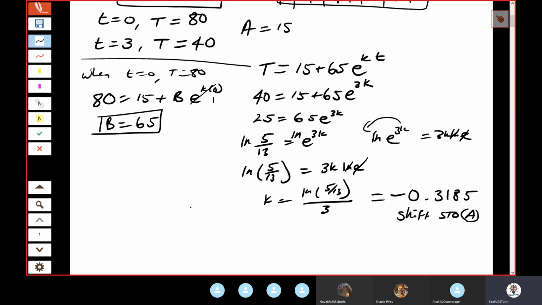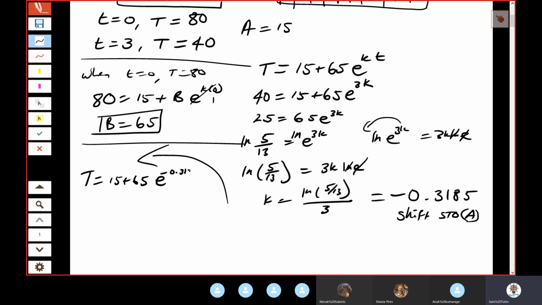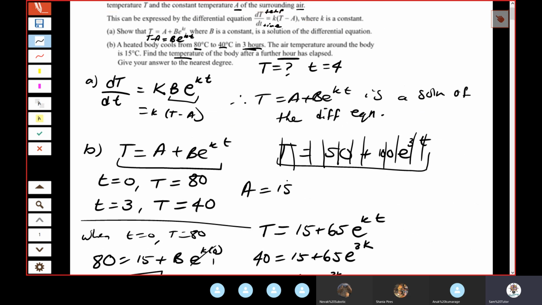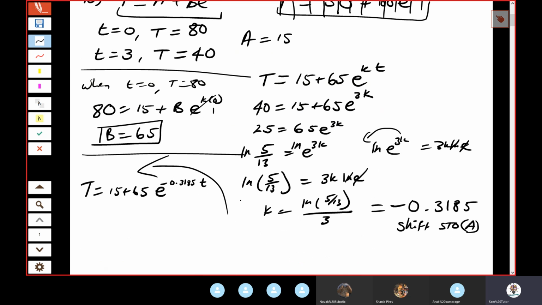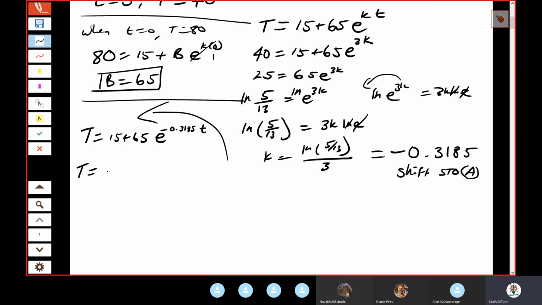Okay, so now we've got our final equation. It is T equals 15 plus 65 E to the negative 0.3185 T. And the question just said, find the temperature when time is 4. So temperature equals 15 plus 65 E to the negative 0.3185 times 4.